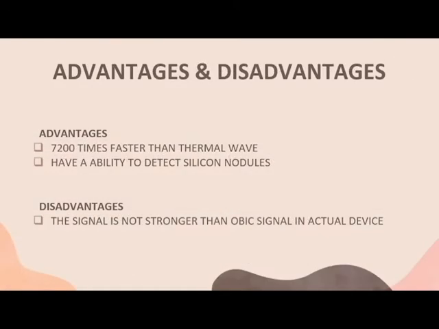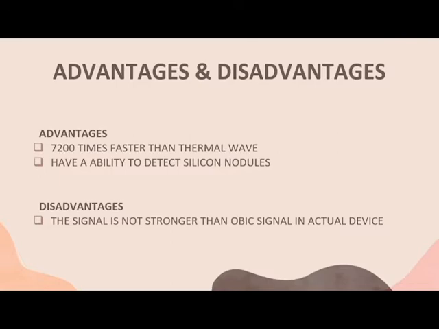The advantage of OBIRCH is that it is superior to thermal wave from the viewpoint of data acquisition speed, which is 7,200 times faster by OBIRCH than by thermal wave. The second advantage is the ability to detect silicon nodules.